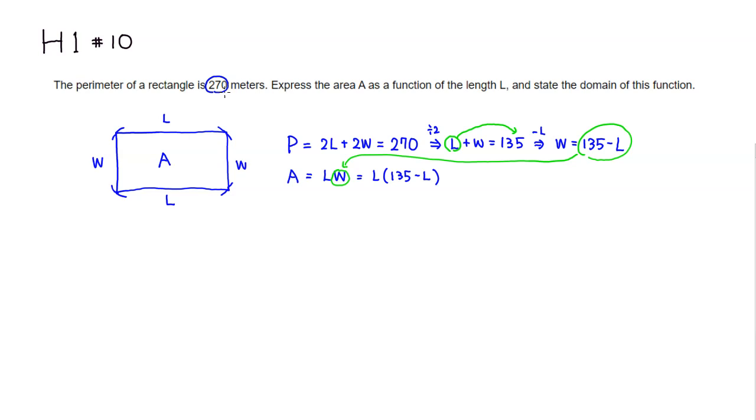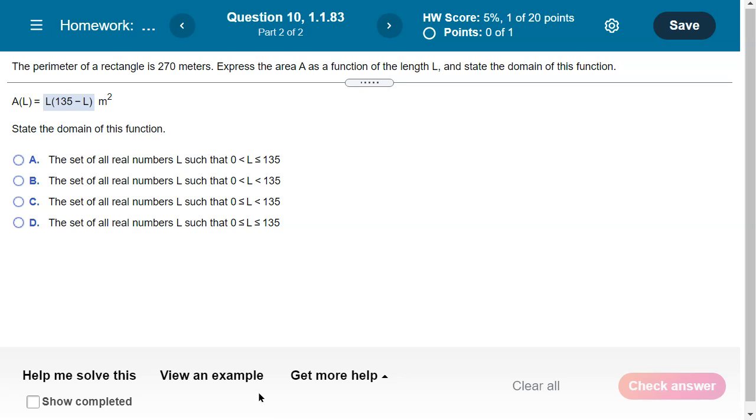So the domain is going to be, let's see. To be realistic, in order to form a rectangle, I would assume that W and L have to be at least 0. So I would probably take this one, and then the largest is 135.